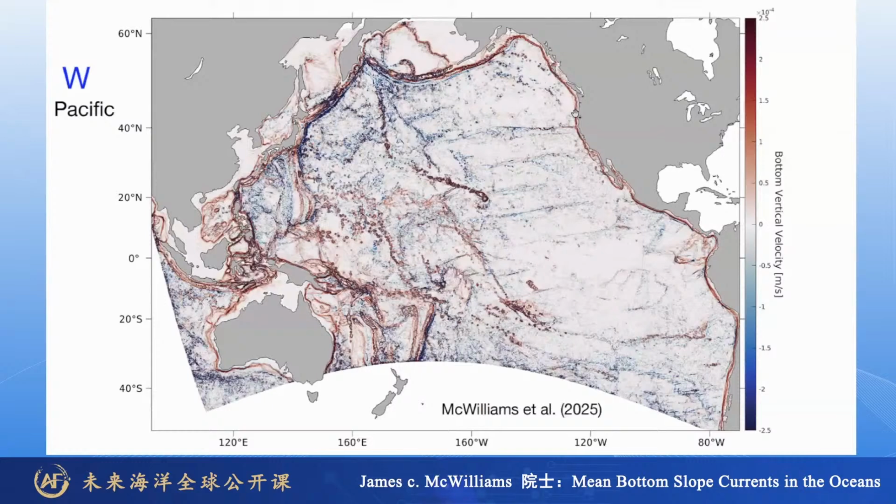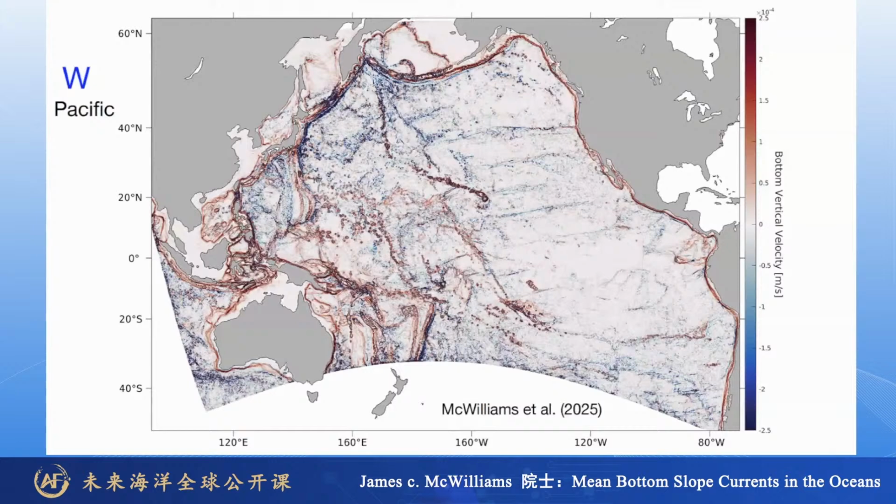So the story for vertical velocity is more complicated, but still, on average, it is downhill bottom flow. I'm asking you to see it visually here. I will show you it statistically in a moment.